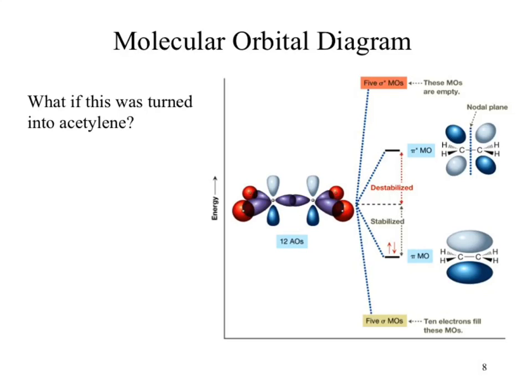What happens if we turned it into acetylene? Sorry, I see your hand. Go ahead. You said that the pi bonds are higher in energy because they have the nodes. Yes. Why does that make them higher in energy? You're now defining a space where electrons cannot go. So let's say we take you in this classroom. Except now I say you cannot move outside of your chair for the rest of the day.